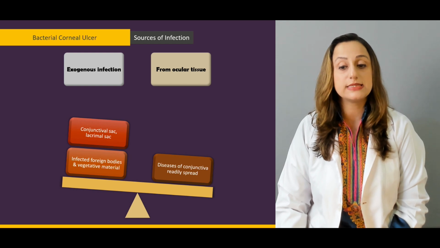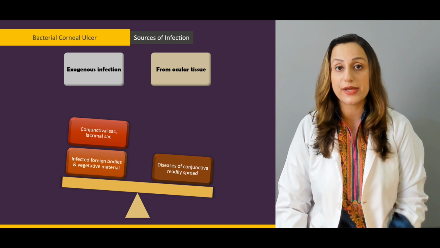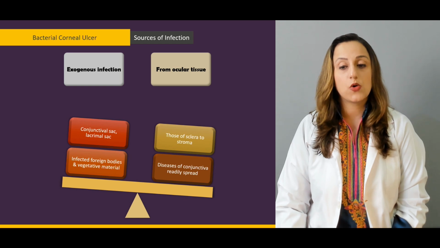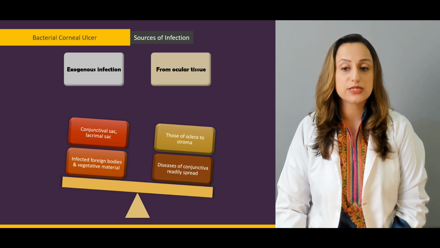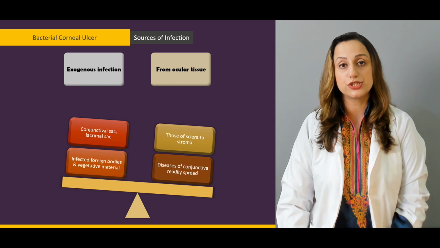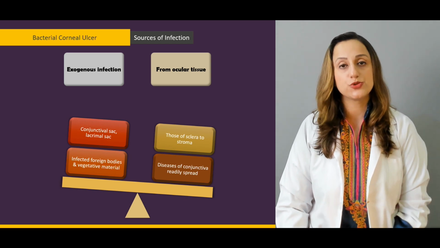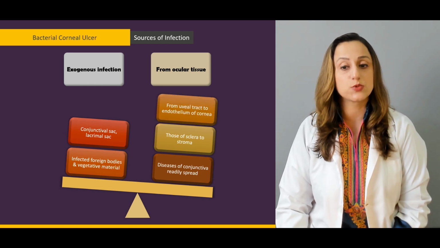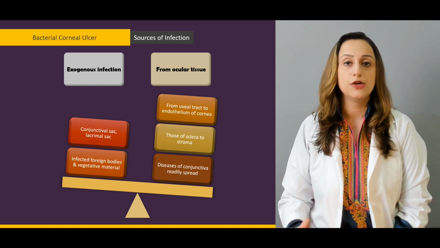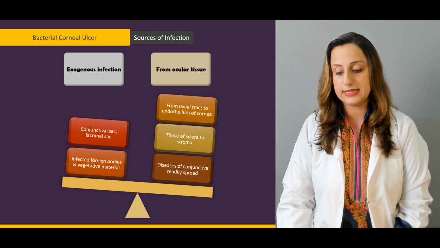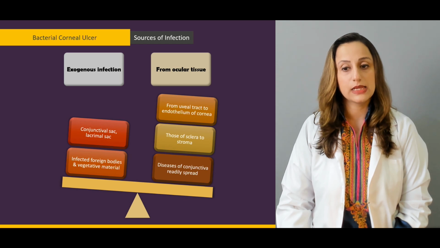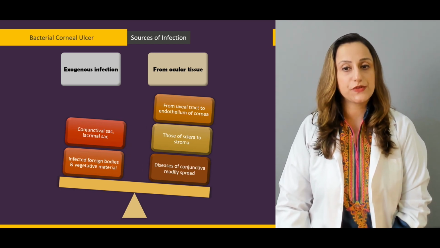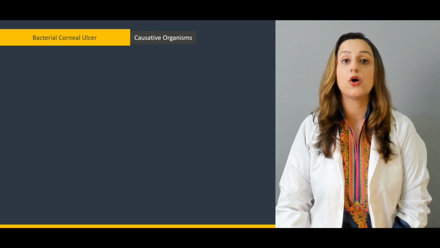Diseases of the conjunctiva readily spread in these patients, as do those of the sclera to the stroma. So these are some of the ocular tissues that can contribute towards ulcerative keratitis, as well as infections that can travel from the uveal tract towards the cornea. So these are the sources of infections, and then finally the causative organisms.